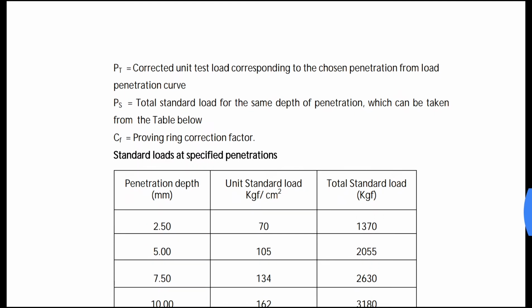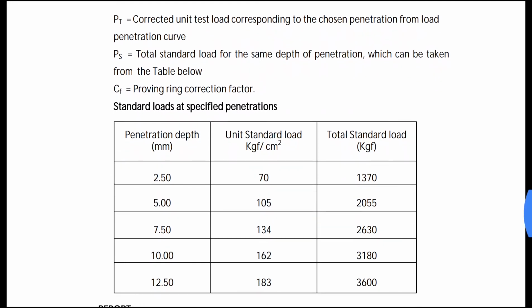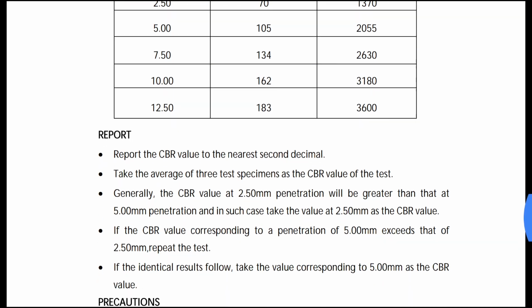PS is the total standard load for the same depth of penetration, which can be taken from the table below. CF is the proving ring correction factor. So this is the standard load for specified penetration.